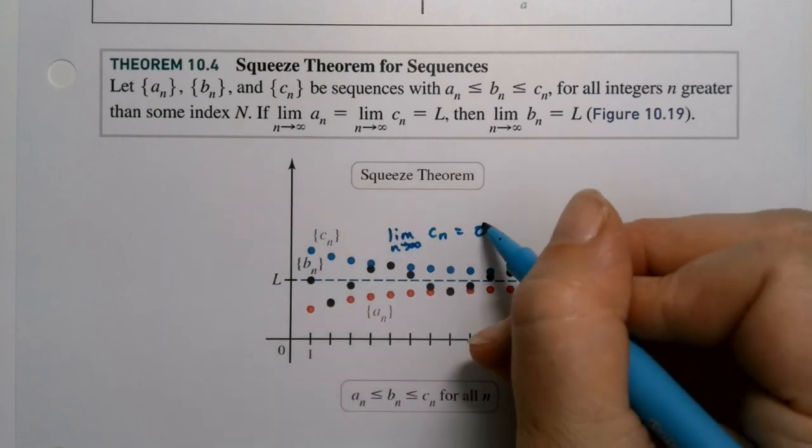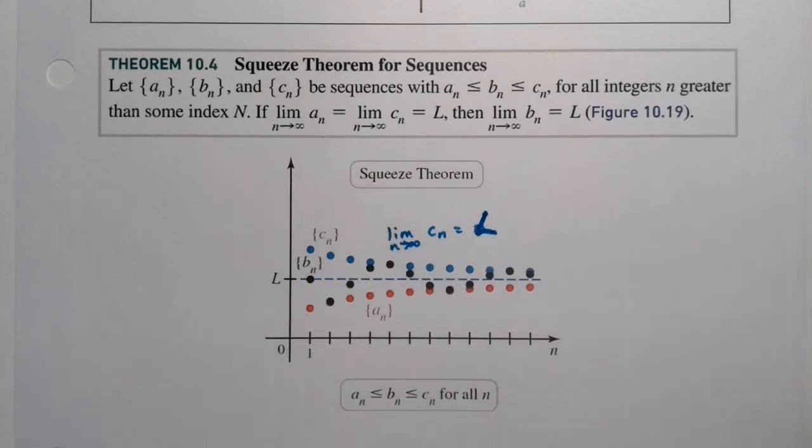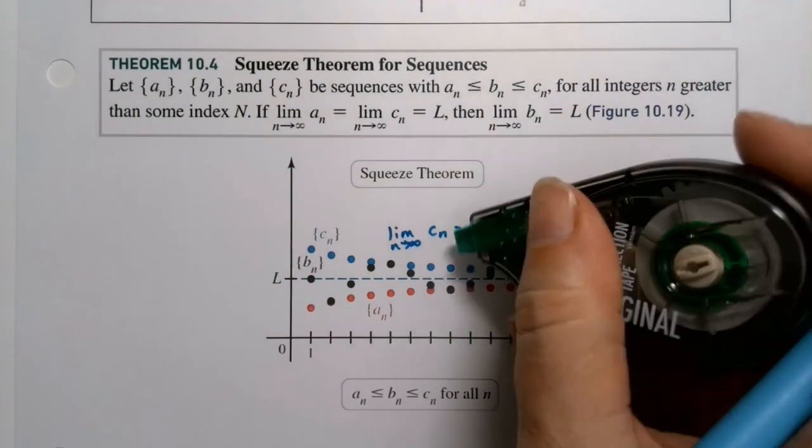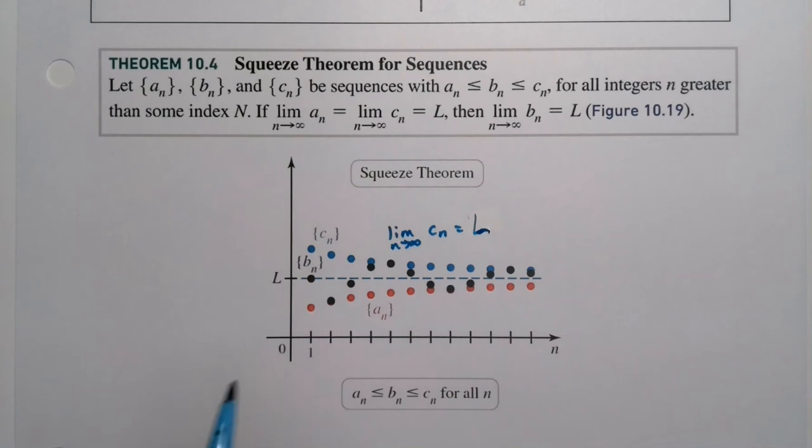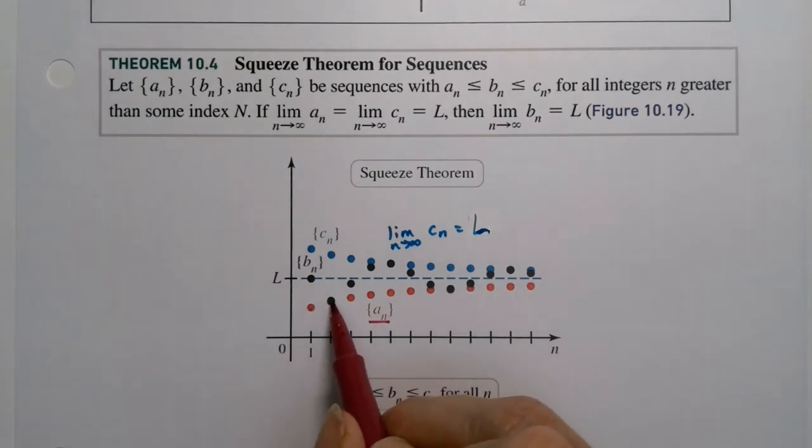Or, excuse me, is L. It doesn't have to be 0. There we go. Is L. And so is the limit of the pink dots, if you can see those, right? So those are these dots right here.